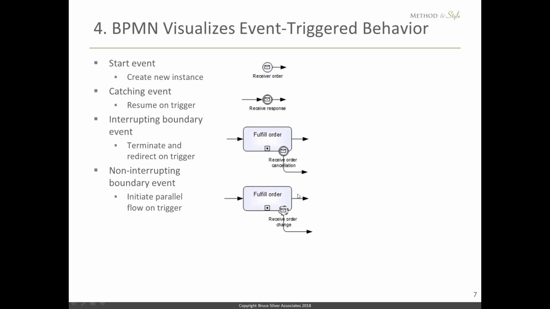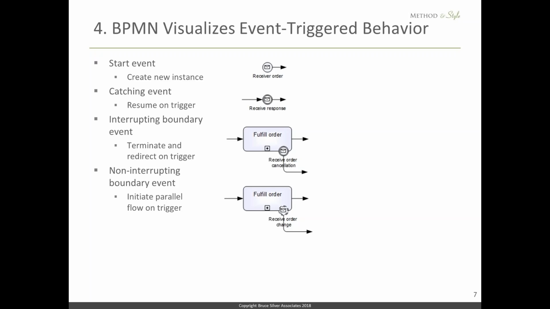With flowcharting, this event-triggered behavior is in the footnotes of your documentation, because this is really how exceptions are handled in your business. So it's very important to understand that. That could be why the process succeeds or fails, but it's not in the diagram. BPMN puts it in the diagram. And why is that important? Because nobody reads 100 pages of documentation.